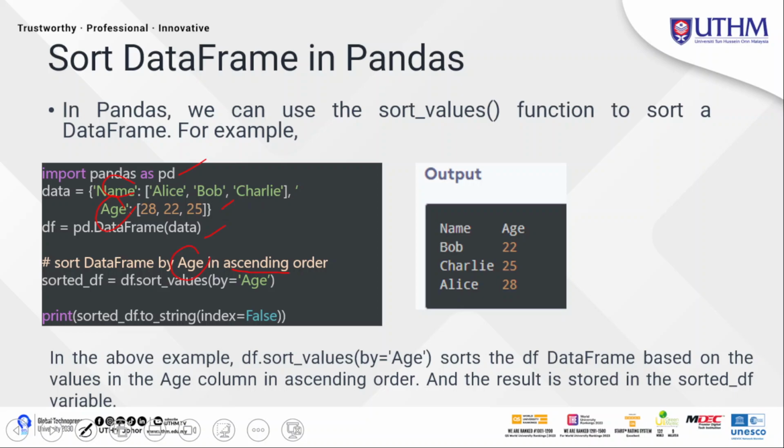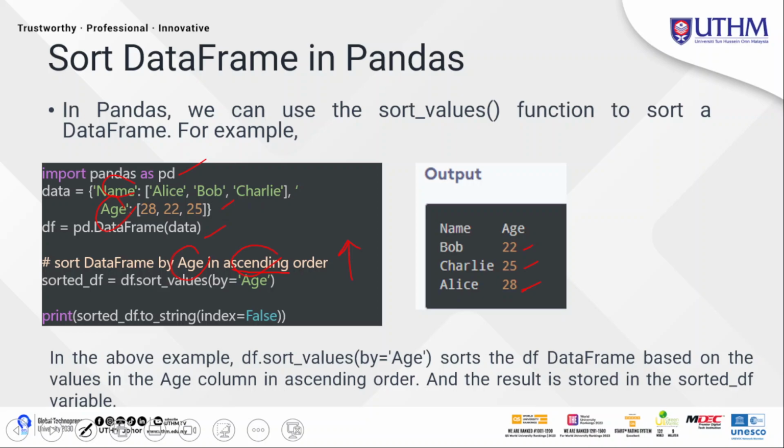So sorted df equal to df dot sort_values by age. Based on the age we want to sort it, and the sorting is in ascending order, which means increasing order. So you can see 25, 25, 22, 25, and 28. So it is considered increasing order.